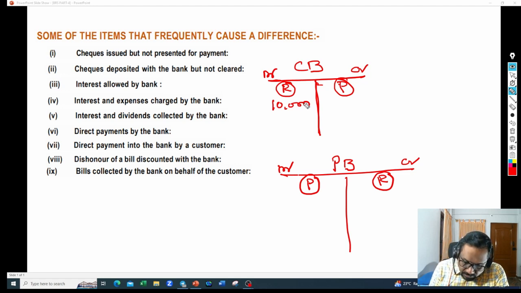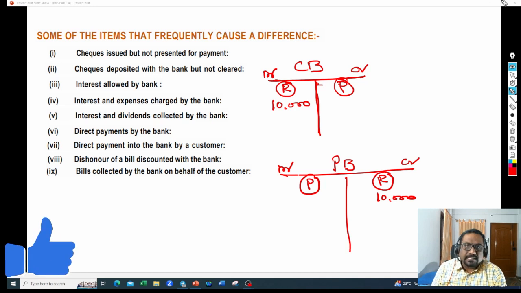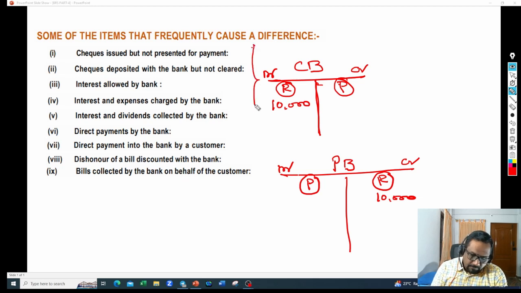Similarly, the same 10,000 will appear on the credit side of the passbook. So right now I have 10,000 as per cash book and 10,000 as per passbook. Both the balances are matching. Now we are going to talk about the differences and how they impact the balances.